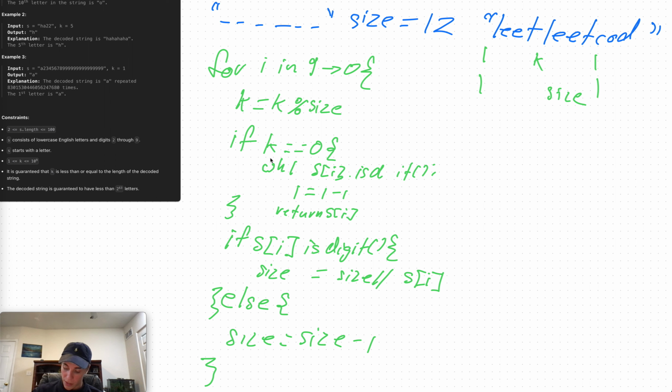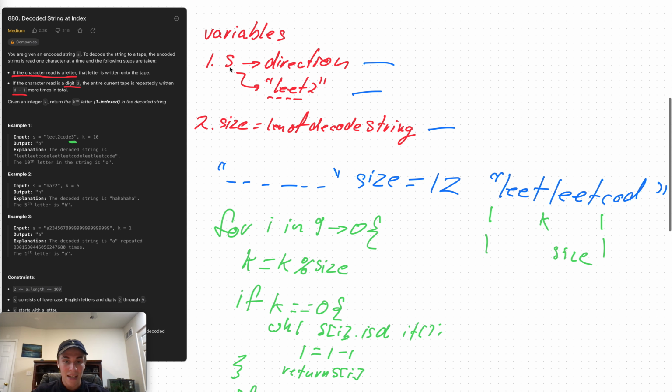Why do I need this while loop? It almost seemed like if k is equal to 0, then we could just return s[i]. But since s actually contains these digits in it, there's a chance that once k is equal to 0, we're still looking at a number, not a character.